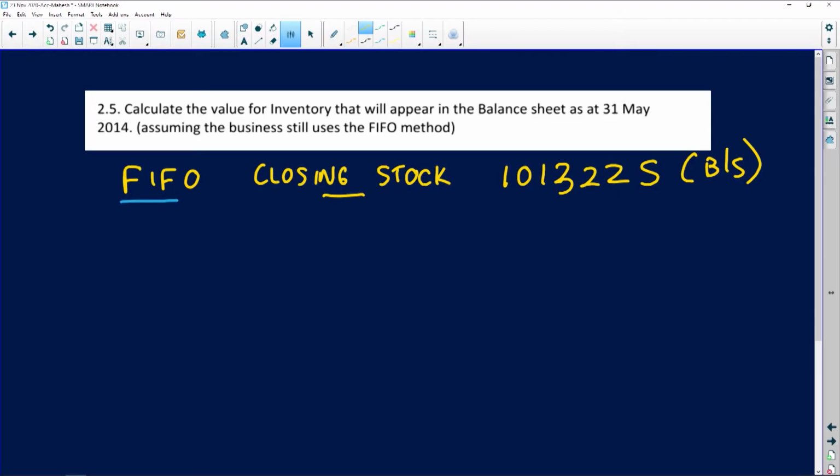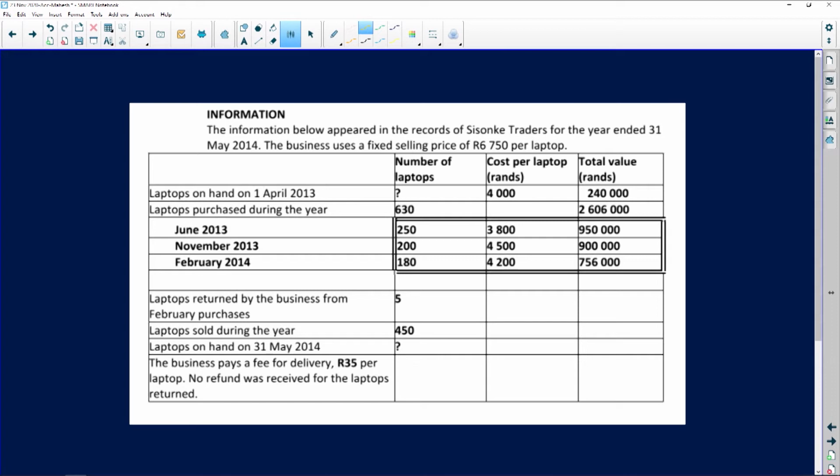So we've got to now calculate what is the value of the stock that is missing. Okay, so remember, there were 2 laptops that went missing, and this was from the month of February's purchase. Right, so let's go to our table so we can do the calculation.